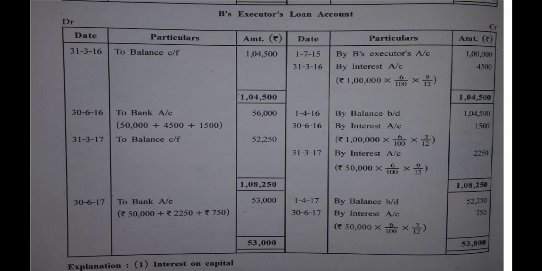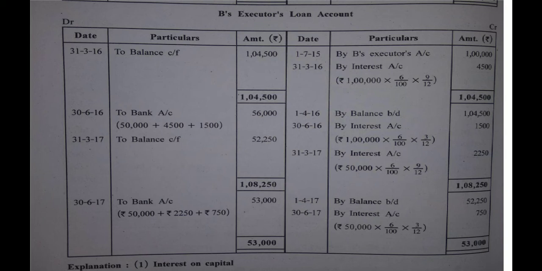So 1 lakh into 6 by 100, this is the percentage of interest, and 3 months, 3 by 12. So interest for 3 months is 1500. Yes? Why have we calculated 3 months? Because we have calculated 9 months already earlier.